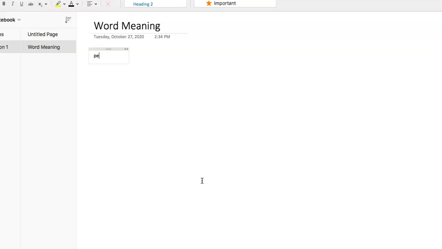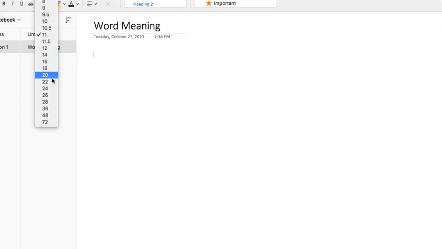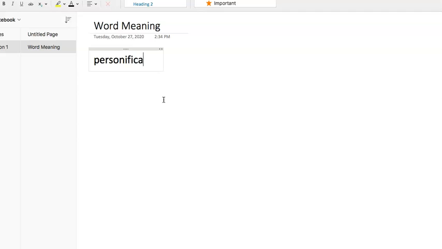One more that you've got to be familiar with. Personification is the last one. Personification is pretty easy to remember if you just think that there's the word person within the word. Personification is assigning the qualities of a person to something that isn't human.